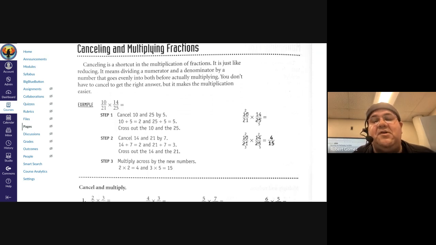So you can solve this thing. We have this example, 10 over 21 times 14 over 25.